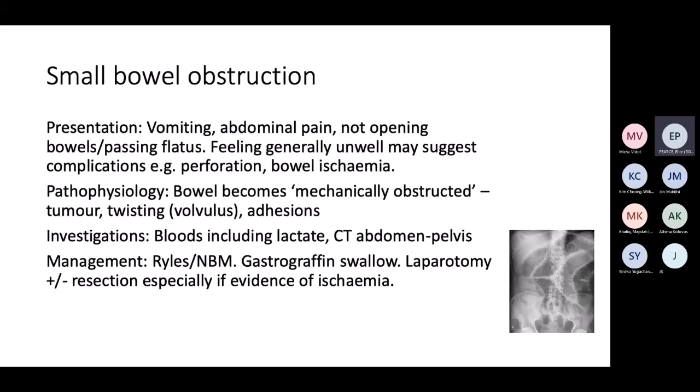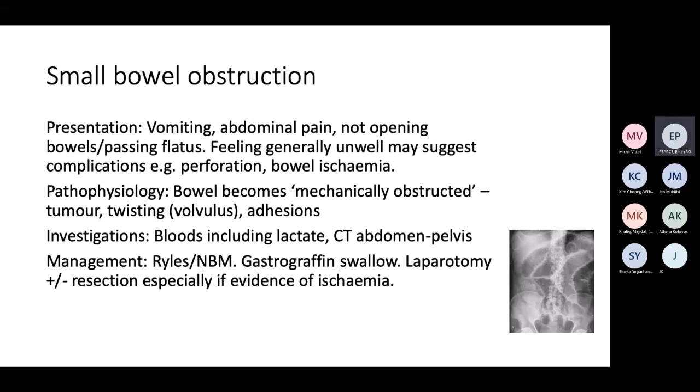A small bowel obstruction, presentation-wise, is vomiting, abdominal pain, not opening bowels or passing any wind, and feeling generally unwell. Increasing pain suggests further complications, so perforation or bowel ischemia.